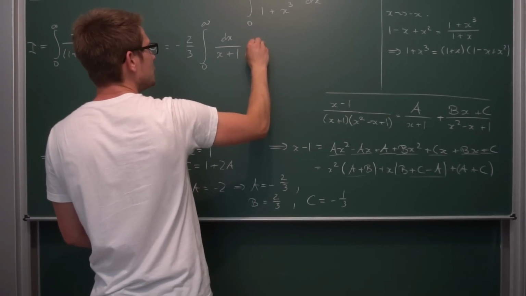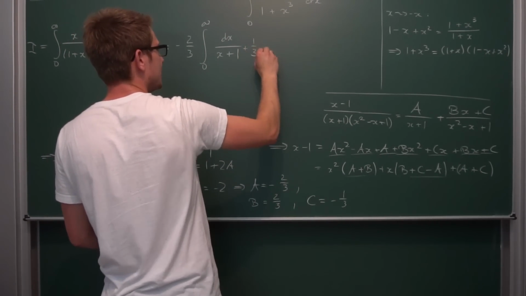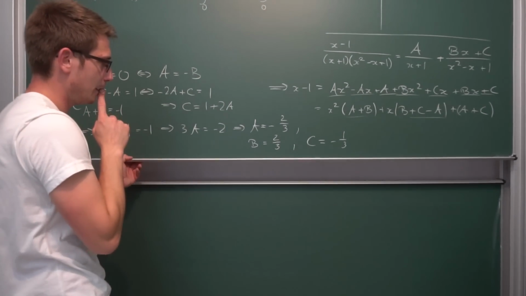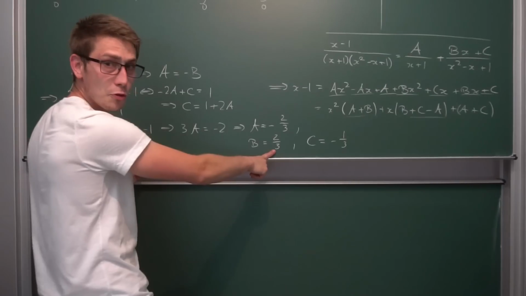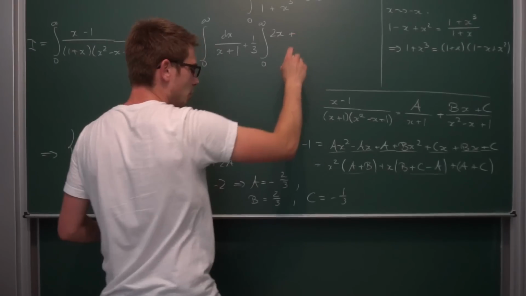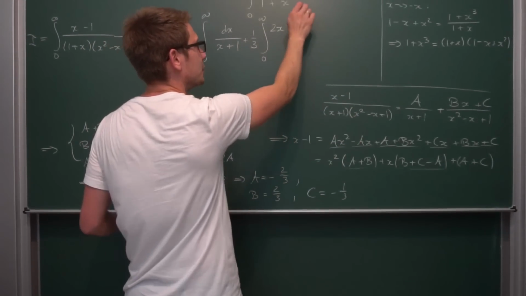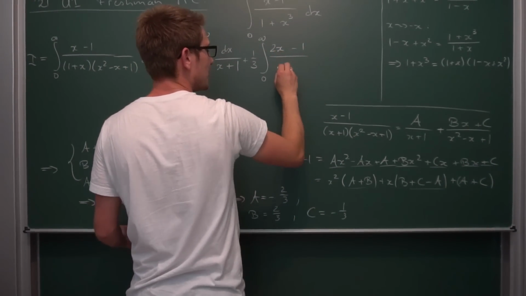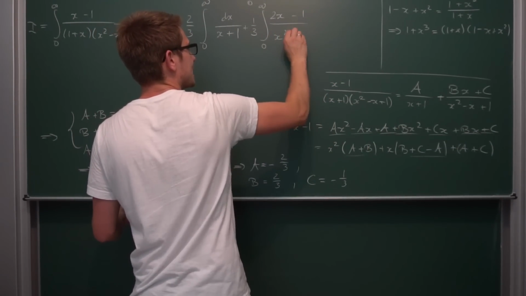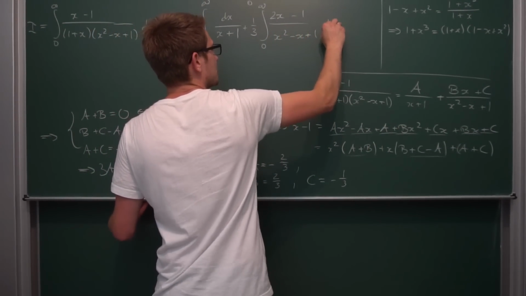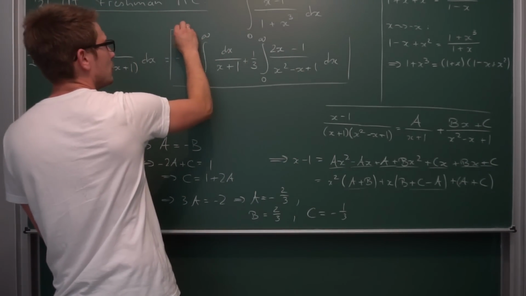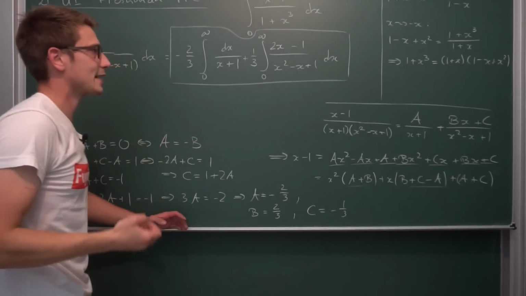So 1/3 is a common factor, and then times the integral from 0 to infinity of, now we still have 2 left, so 2 times x, plus, no, we don't have a plus, we have negative 1, divided by our denominator x squared minus x plus 1. All of this integrated with respect to x. And this is where we are at right now. That's an equivalent formulation for our original integral.